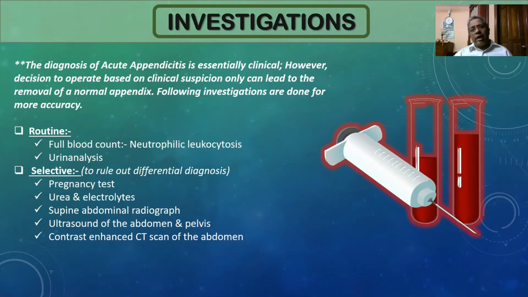Urine analysis can also exclude that the patient has any sort of urinary tract infection. A urinary tract infection also causes pain to some extent in the right or left fossa, which can mislead you that the patient has acute appendicitis. For that, urine routine microscopic examination is needed. If there is infection, pus cells are there.